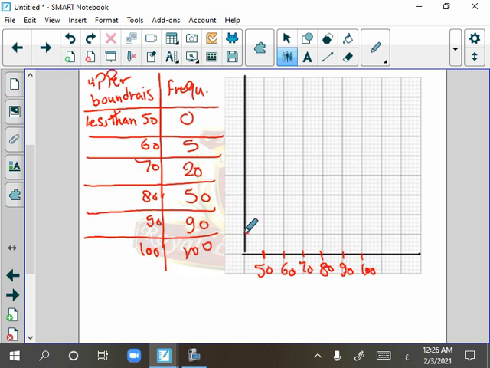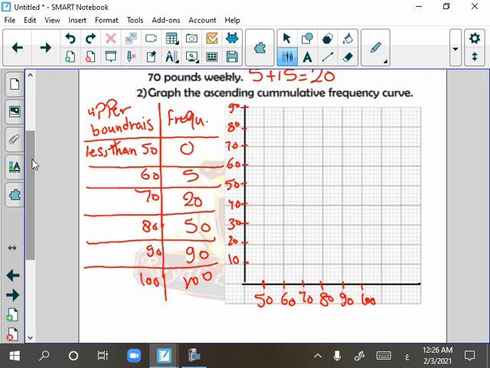Here we will write 10, 20, 30, 40, 50, 60, 70, 80, 90, and 100 above our graph paper.